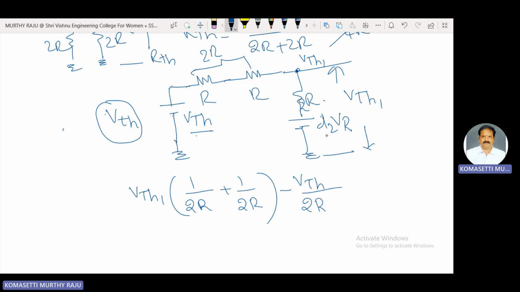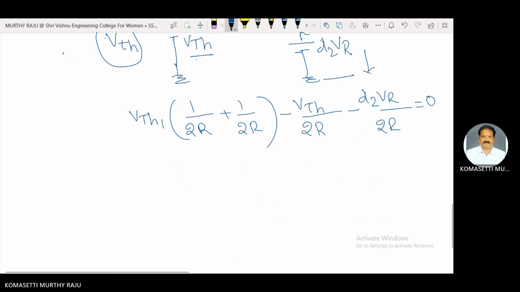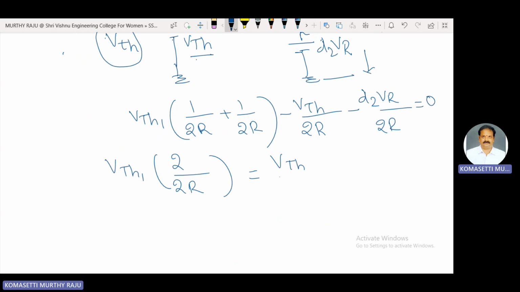Here another voltage source is there, that is minus D2 VR by 2R is equal to 0. Find out VTH1. VTH1 into 2 by 2R is equal to VTH by 2R plus D2 into VR by 2R.